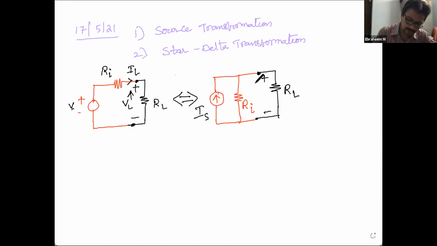The same load current must flow into this load and the same voltage must apply across it. If circuit 1 and circuit 2 are to be equal, the load must receive the same voltage and same current in either circuit. Then we can have any circuit, the first or the second.